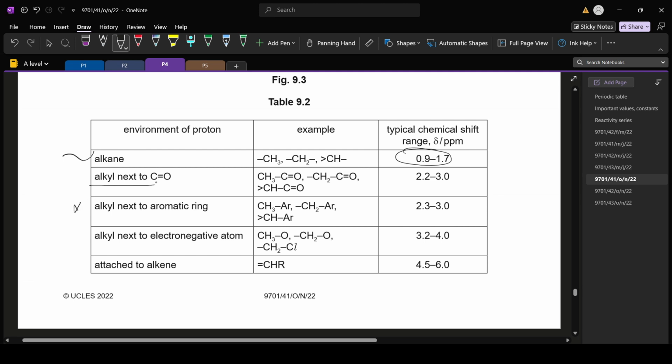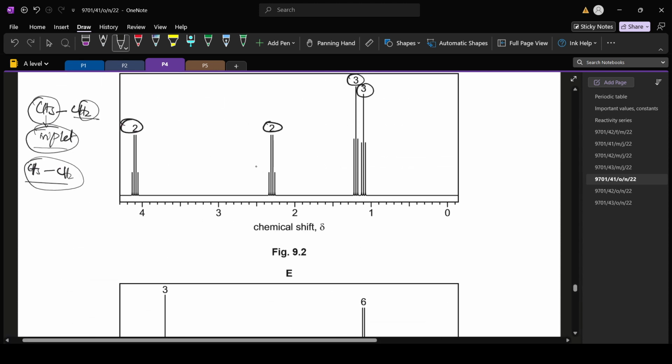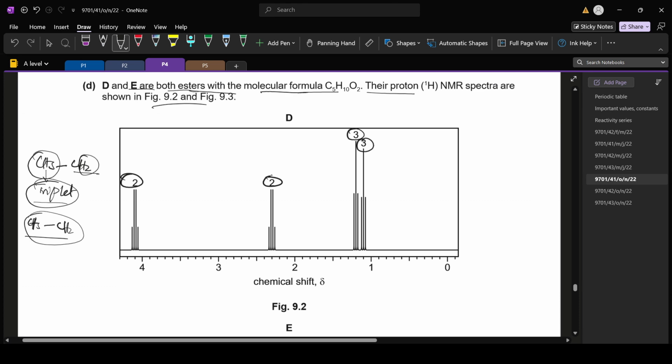So this will be the environment, carbon double bond oxygen, in the chemical shift range of 2.2 to 3. The number of hydrogens responsible for this quartet is 2.